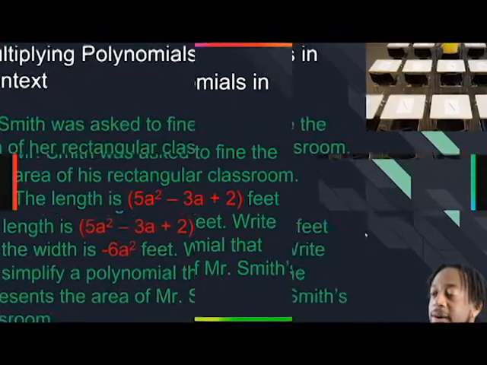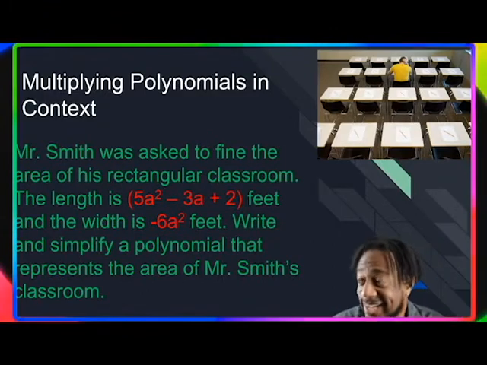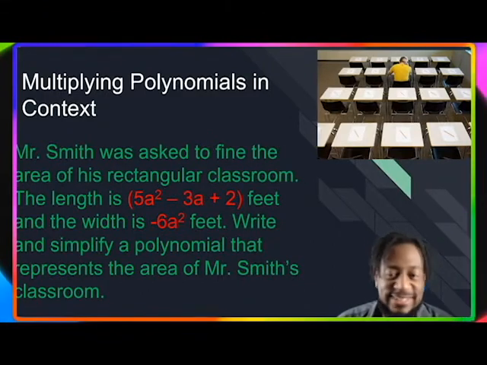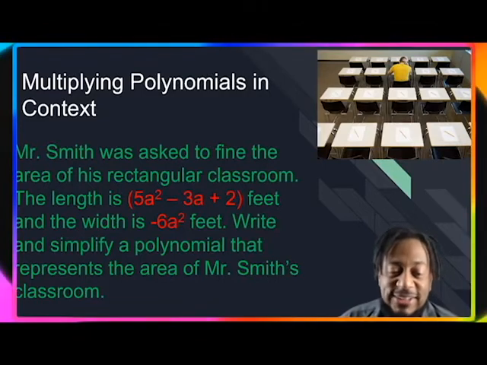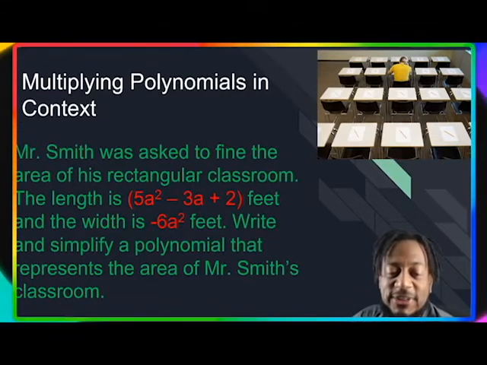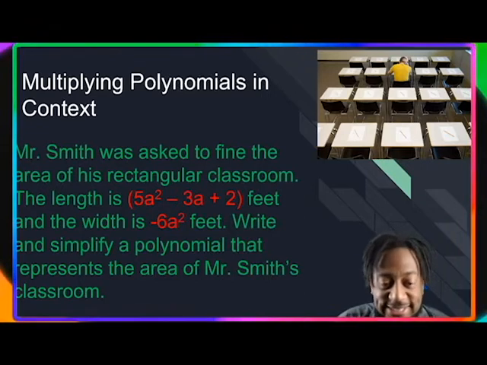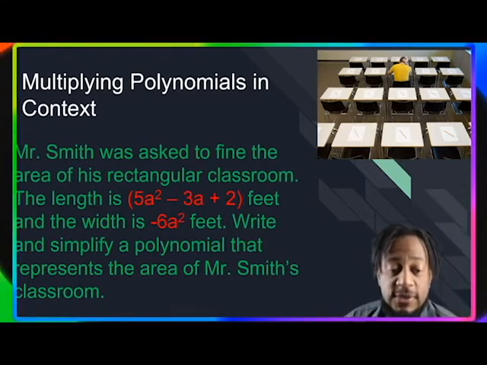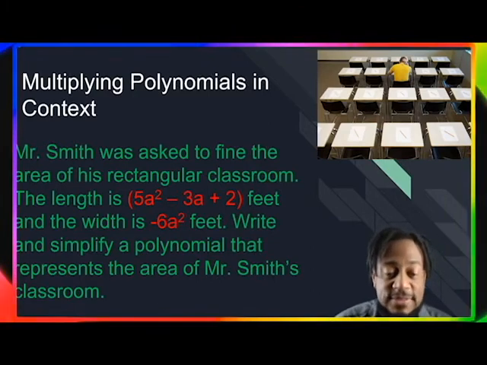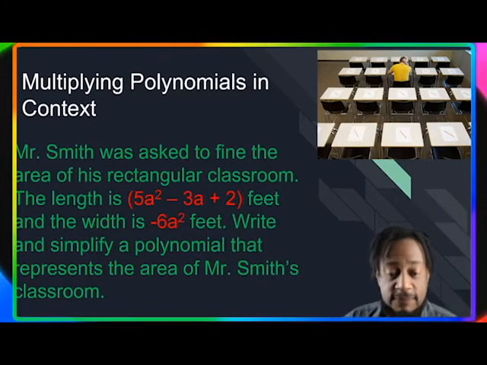All right. Look at that classroom, man. It's not like that anymore. Mr. Smith was asked to find the area of his rectangular classroom. The length is 5a squared minus 3a plus 2 feet. And the width is a negative 6a squared feet.